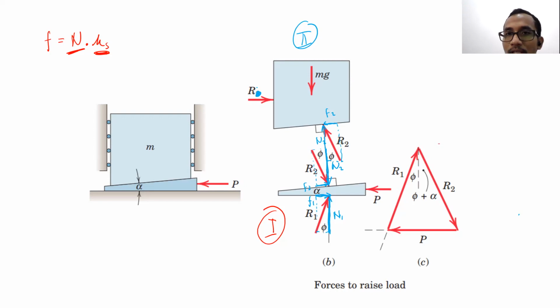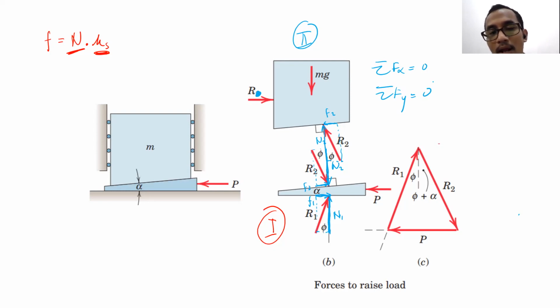Then we can solve it using sigma fx equal to 0 and sigma fy equal to 0. Remember, we don't have sigma moment here. In this case, we don't have sigma moment because all of our calculation is just based on the point calculation. So everything is assumed to happen at one particular point. So we only have 2 equations, sigma fx and sigma fy equals 0.